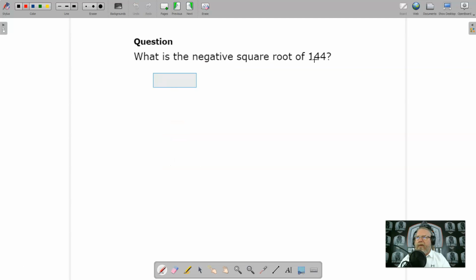What is the negative square root of 144? So we have the square root of 144, and we need to know some value of x times some value of x equals 144. So what would the answer be? Well, in this case, we know that 12 times 12 equals 144. But they want the negative square root, so we'll put negative 12.